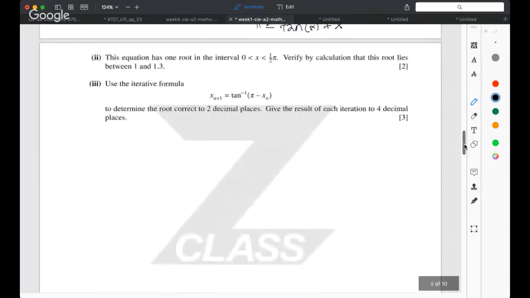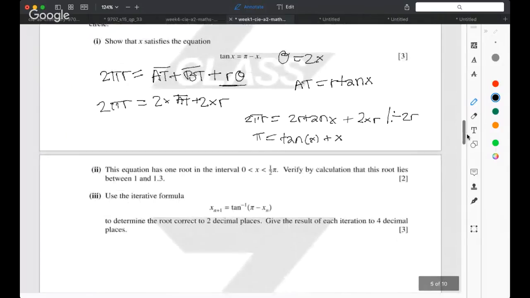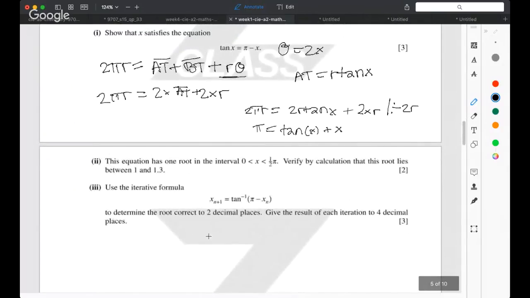Okay, so next one. Verify by calculations. If I put in the calculator the values 1 and 1.3, I'll have a change of sign. So one will be positive and one will be negative. What will be positive and what will be negative? Is it tan x, or tan x plus x minus pi?